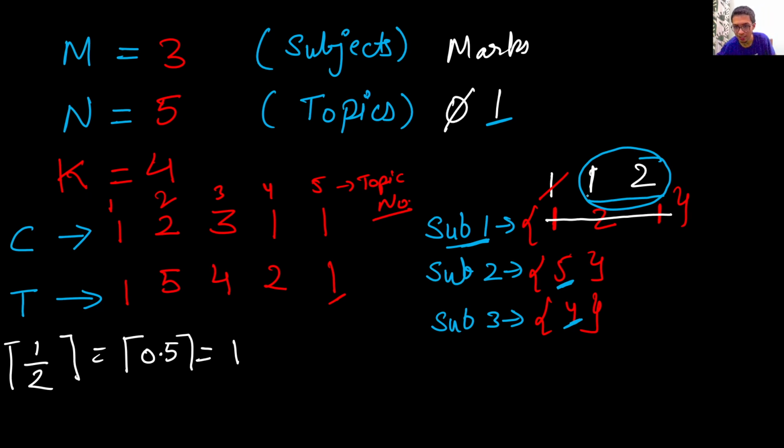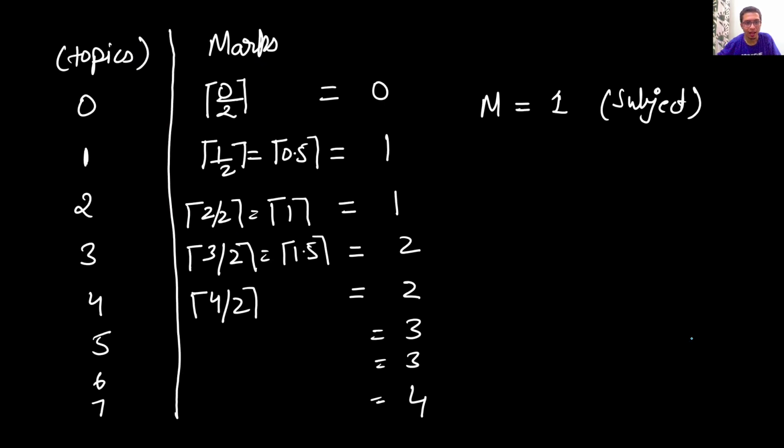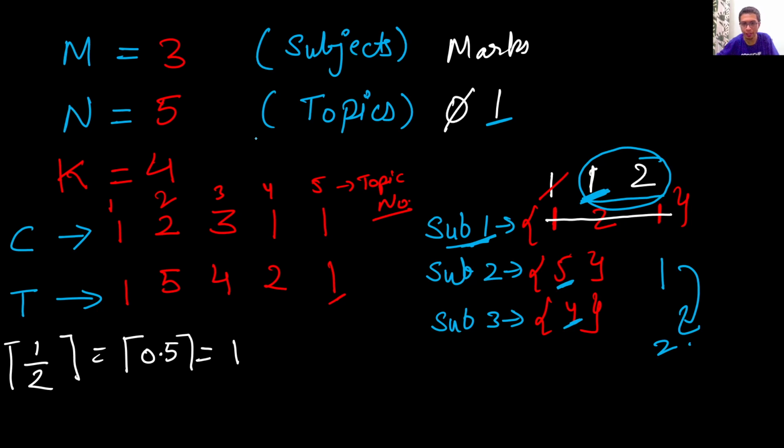If I only take this one topic, then it would not increase the marks by 1, right? Because then the number of total topics taken from sub 1 would change from 1 to 2, and as we can see over here, if the number of topics changes from 1 to 2, the marks would still remain the same, right? So there's no point in taking this extra topic, which is not fetching us any extra marks, right?